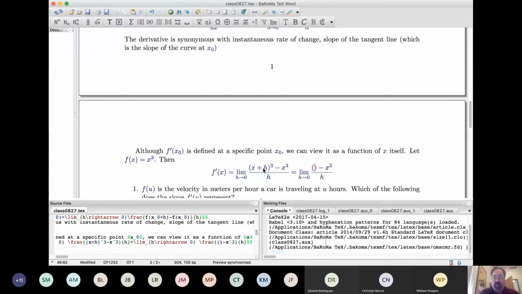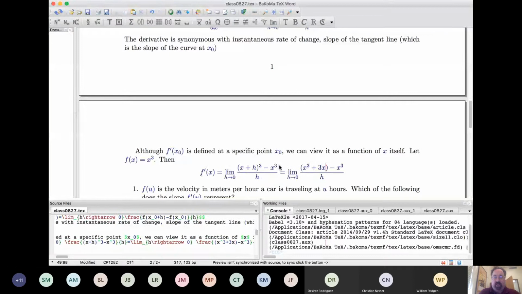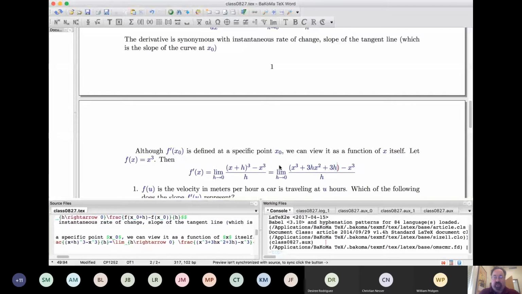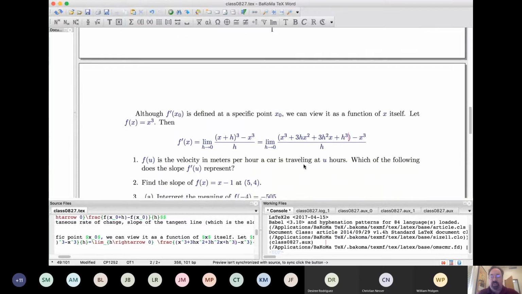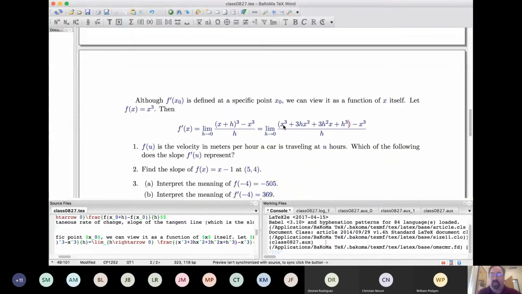But what we would get from multiplying all this out would be x cubed plus 3hx squared plus 3h squared x plus h cubed. So then you can do the same kind of simplification as before. The x cubes will cancel, and then everything else has at least one factor of h in here that would cancel with the h that's down below.